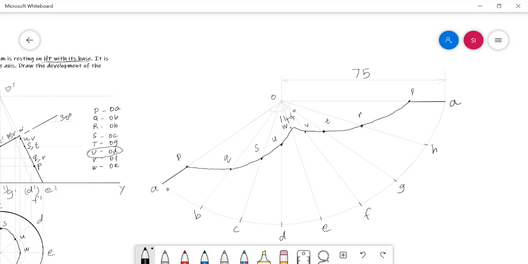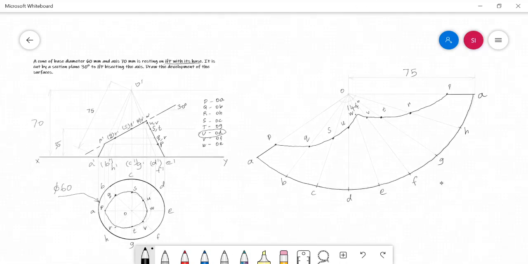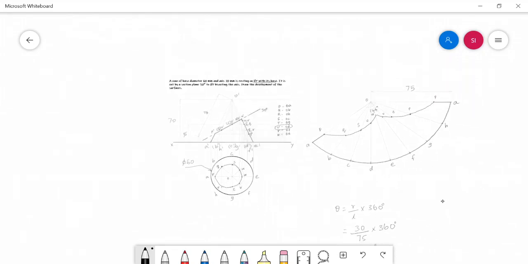Again here, this curve, that is the base curve of the cone, needs to be darkened with the HB pencil. If you are able to do this with your compass in a perfect manner, you can do it. So this is nothing but the development of the truncated cone.